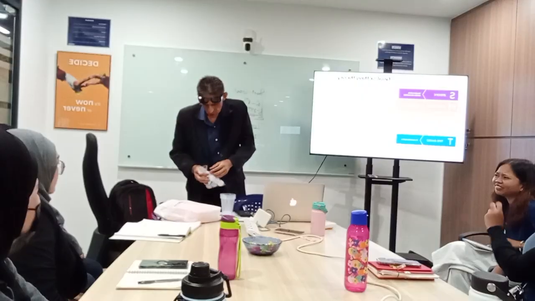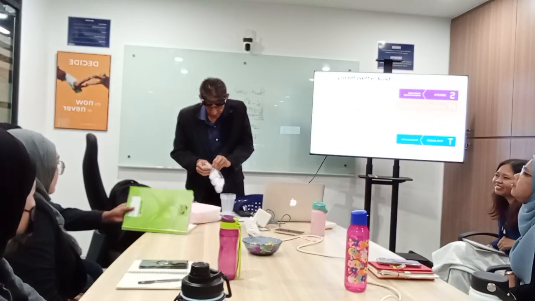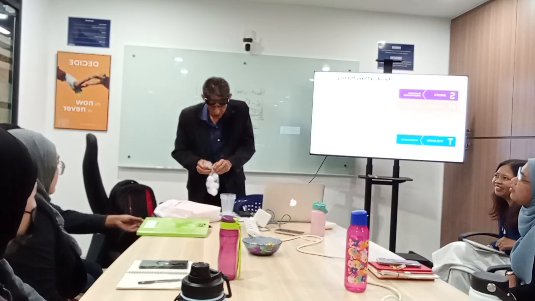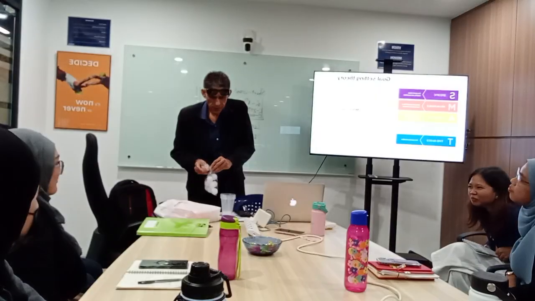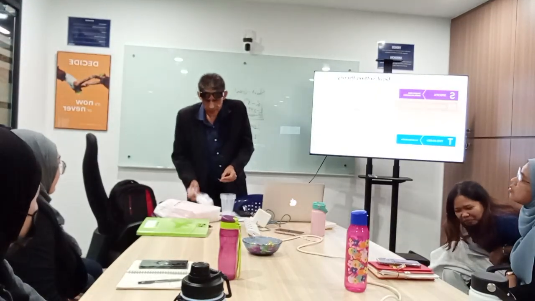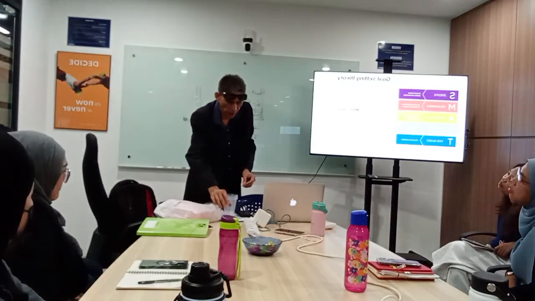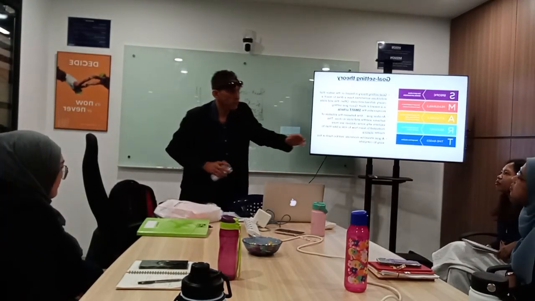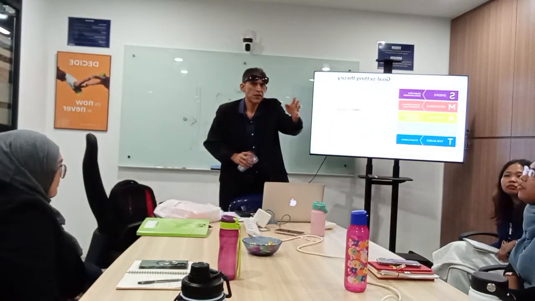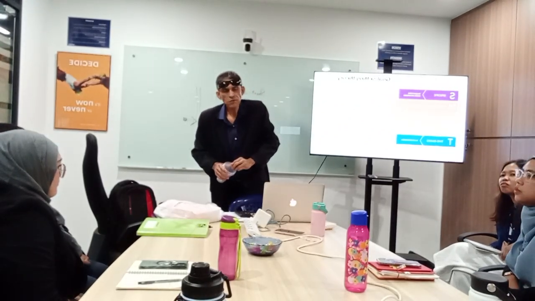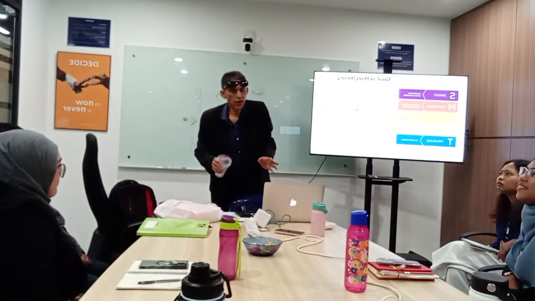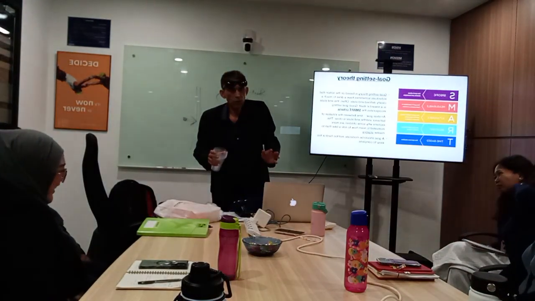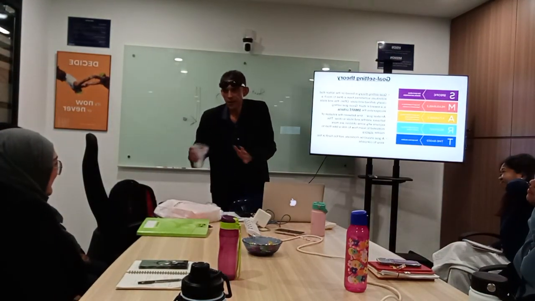With this ping pong ball, you have a goal to achieve. For this activity, I'm going to have two groups. Here we have 1, 2, 3, 4, 5, 6, 7, 8, 9, 10, ten of you, so there will be 5 in one group and the other 5 in another group.